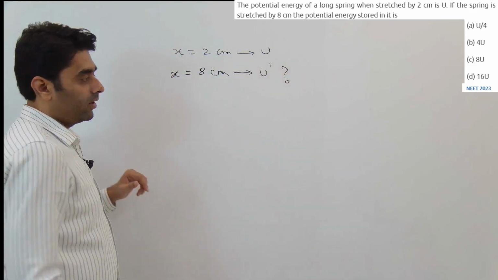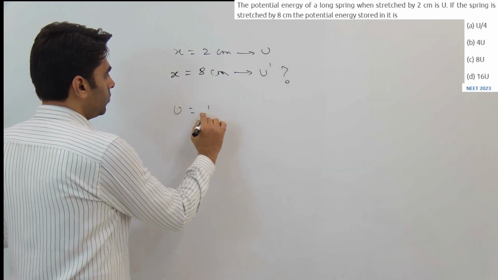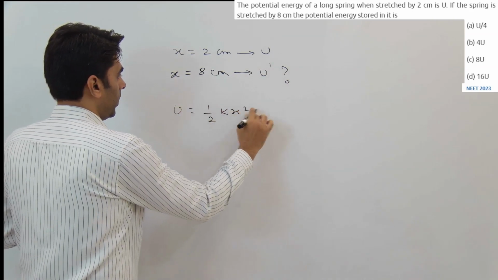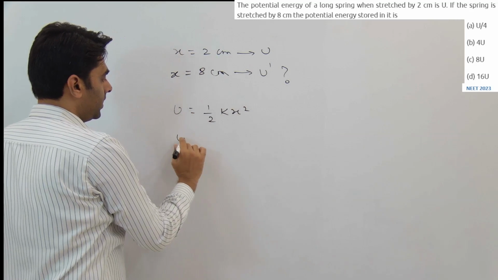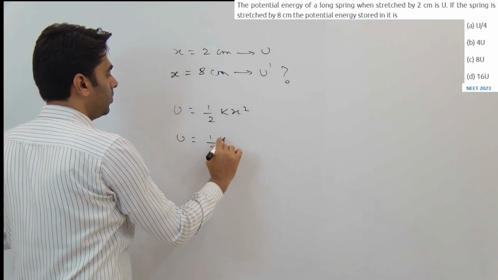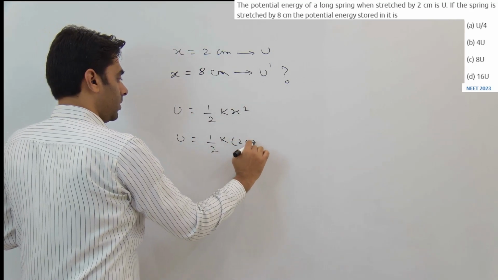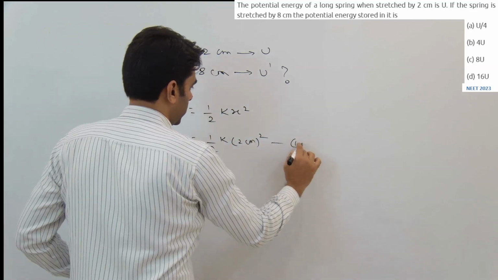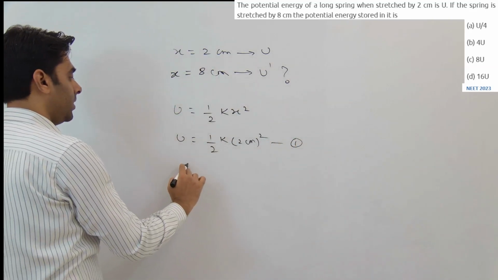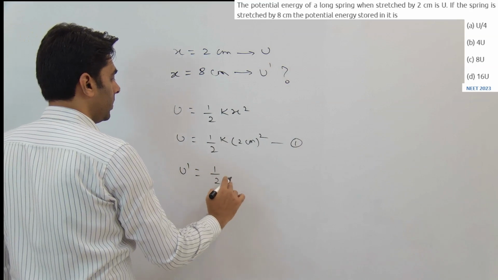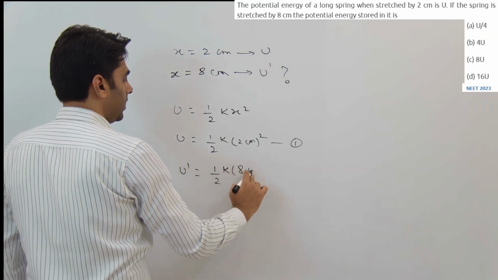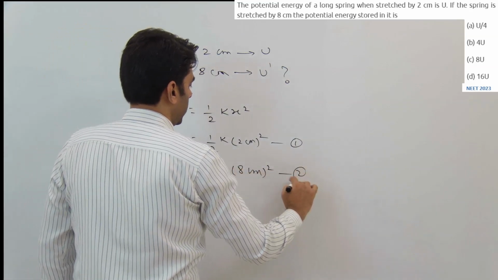What is the potential energy of a spring? U is equal to half k x square. So from the first situation we can say U is equal to 1 by 2 k (2 centimeter) square. For 8 centimeter we can write U dash is equal to 1 by 2 k (8 centimeter) square, equation number 2.